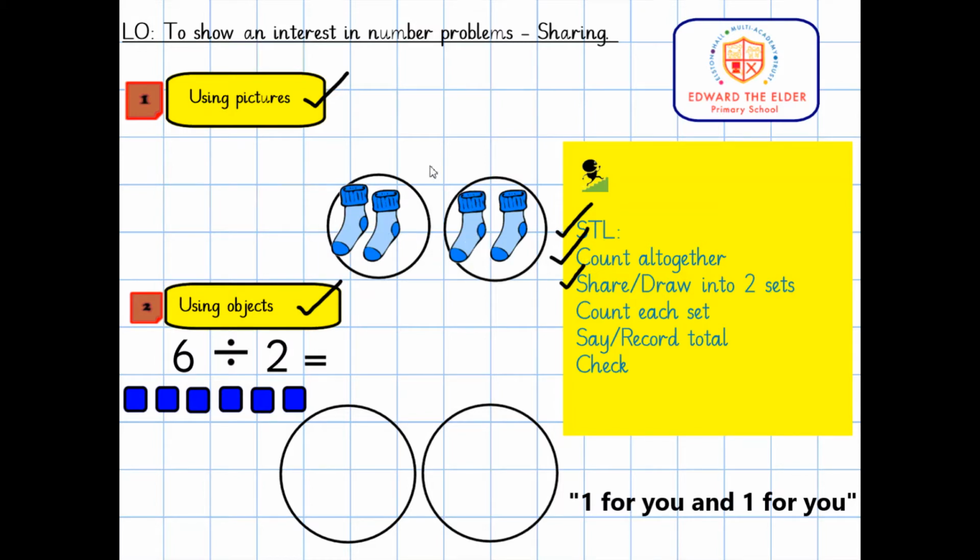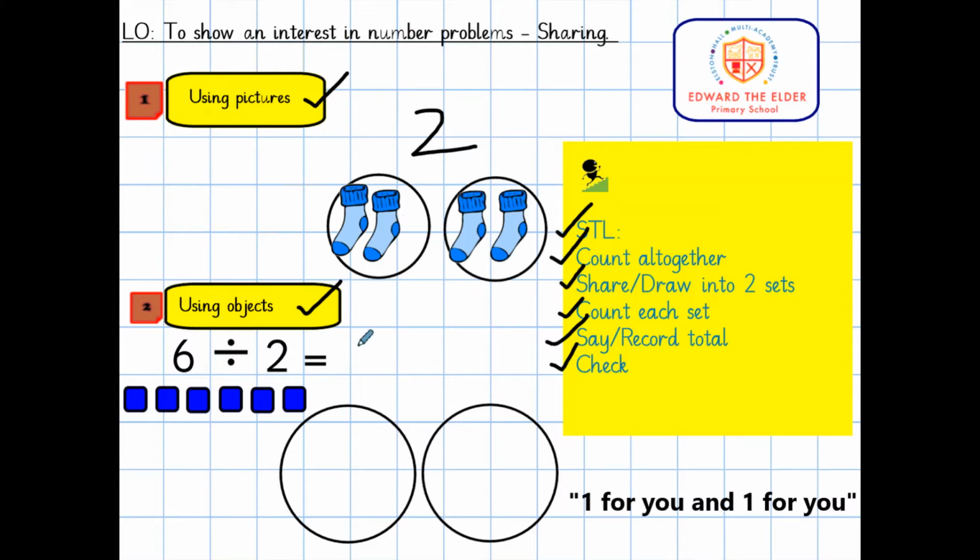Then encouraging the children to count carefully, we would count how many we have in each set. 1, 2 in the first set, 1, 2 in the second set, and then we would say and record the total. 2.